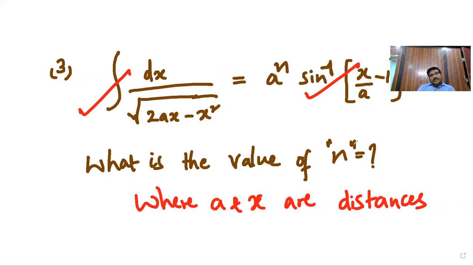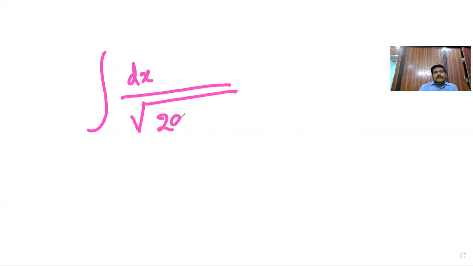Homogeneity. Let us see the left hand side first. What is the left hand side? The integration of dx by under root of 2ax minus x square.